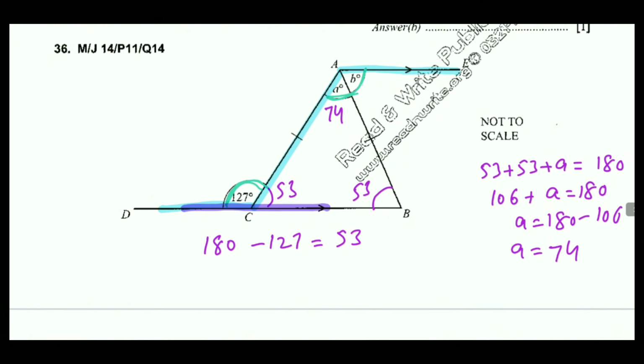So if that is 127, this angle will also be 127. So we will subtract angle A from 127 and we will get angle B. So 127 minus 74 is equal to 53. So angle B is 53.